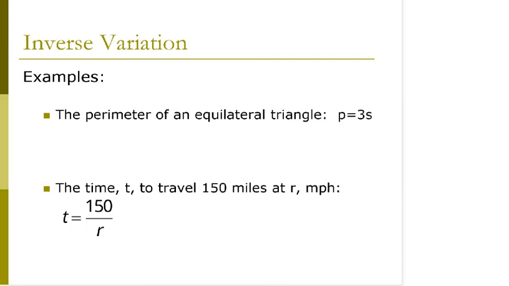Instead of P, let's use y. Instead of S, let's use x. What does this look like to you? Well, this is a direct variation, which may also be written as y over x equals 3. So this is a direct variation.